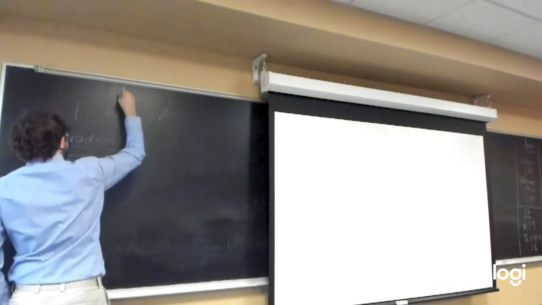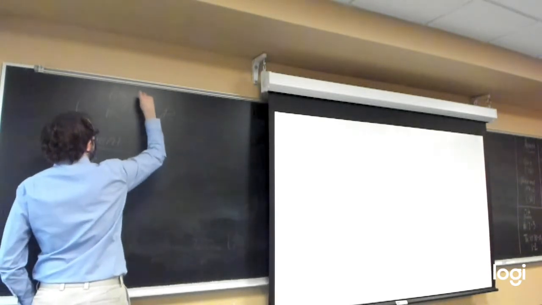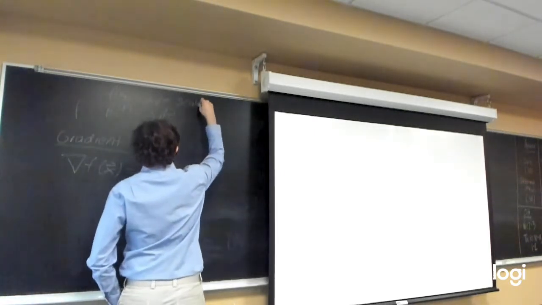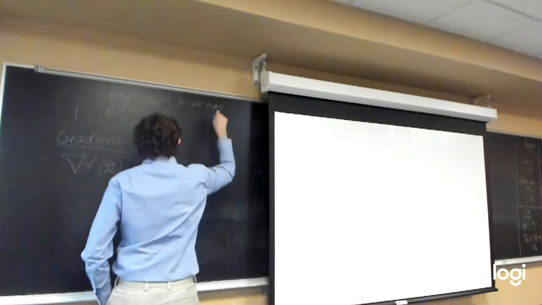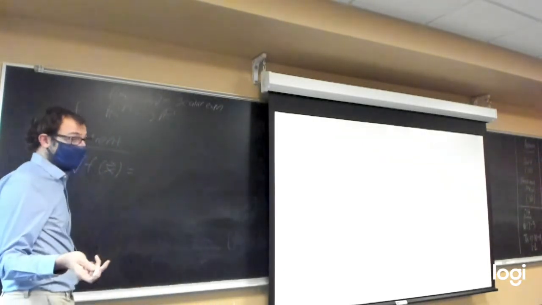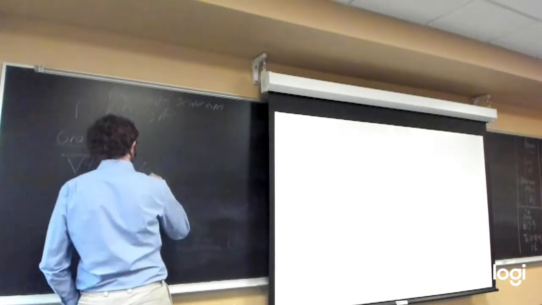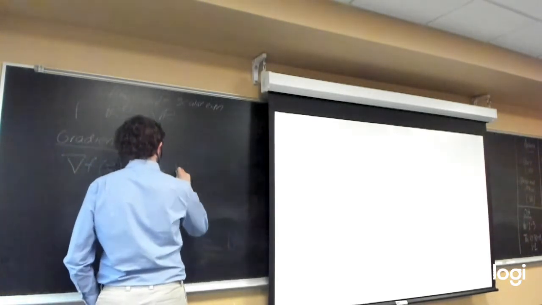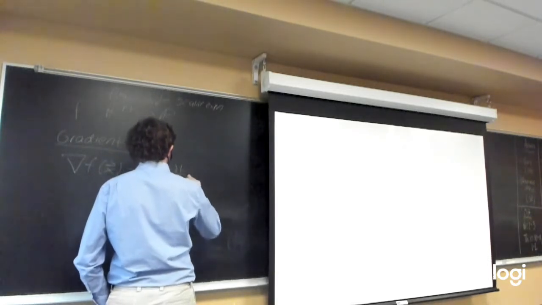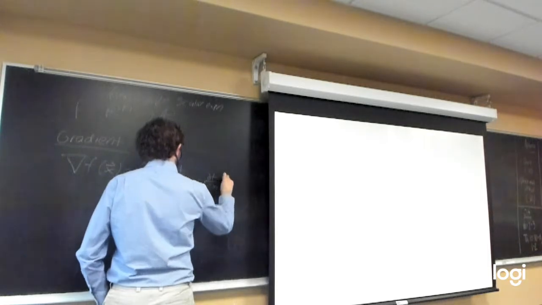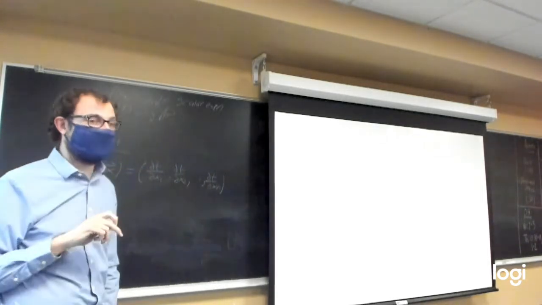So if f, for instance, is taking in n variables, say x1 to xn, and it spits out some scalar expression, then the gradient of f evaluated at a point x is just the partial derivative of f with respect to x1, the partial derivative of f with respect to x2, up to the partial derivative of f with respect to xn.